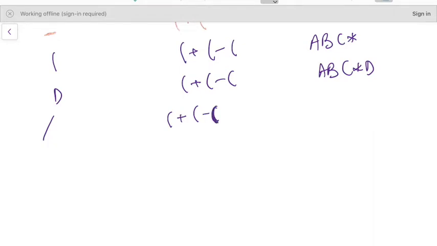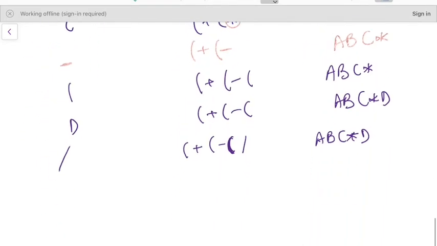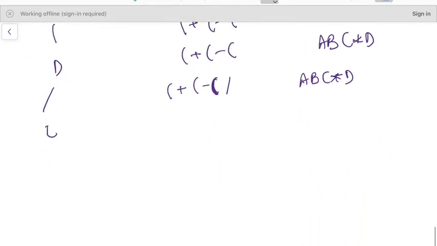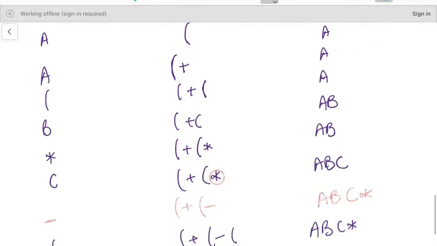Since this is an opening parenthesis, we can place any operator over it. E. So in the same way, this is an operand, so this comes here, and then exponent.